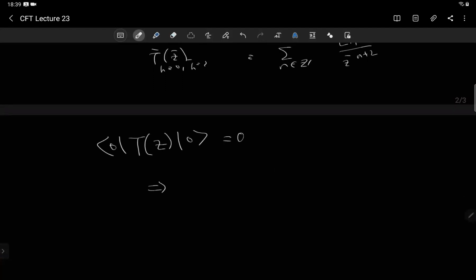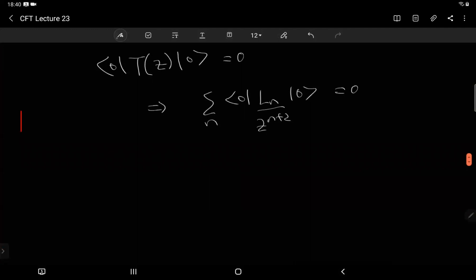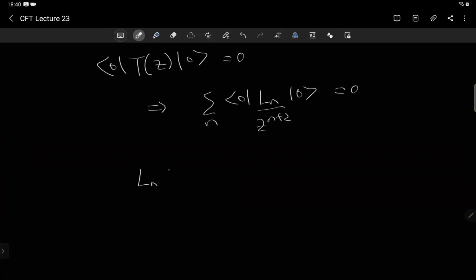And this implies in terms of modes that you have the sum over n of Ln over z to the n plus 2 on the ground state, this should be 0. And we said that it is enough to impose that Ln acting on 0 is equal to 0 for all n greater than or equal to minus 1, or all n greater than minus 2.